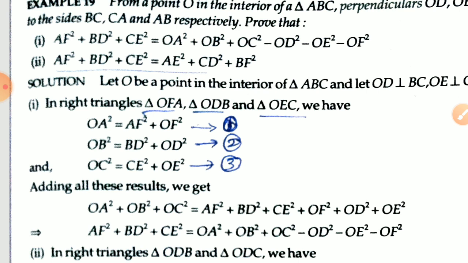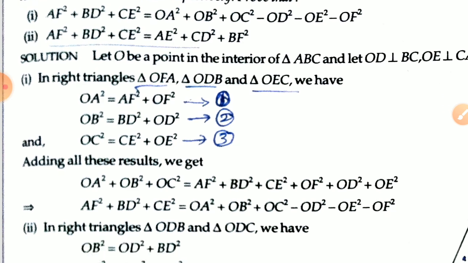So this is the first question, and the second question is AF square plus BD square plus CE square is equal to AE square plus CD square plus BF square.